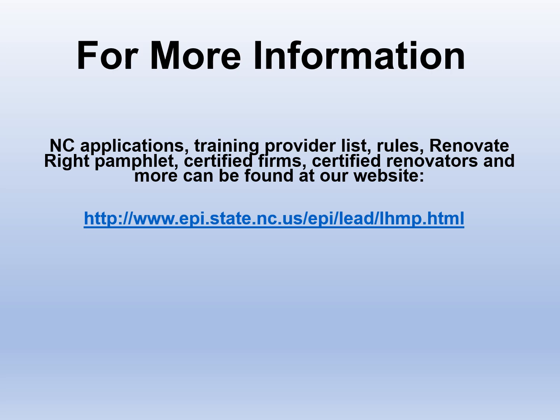So for more information as it relates to our application, our training providers list, rules, Renovate Right pamphlet, certified firms, as well as certified renovators, and a lot more can be found on our website, as you see the link below.